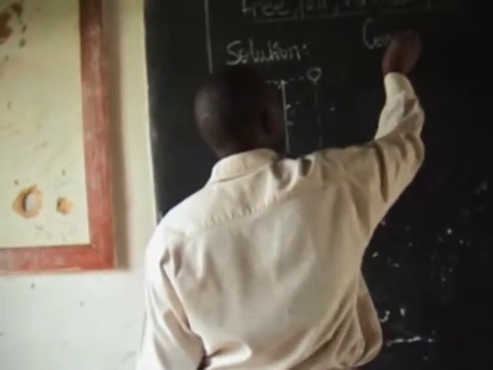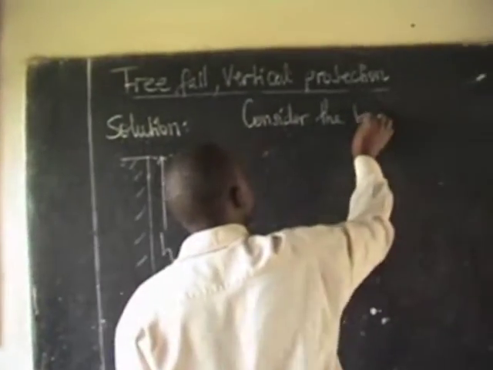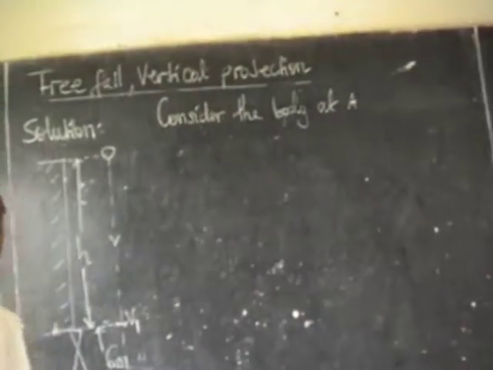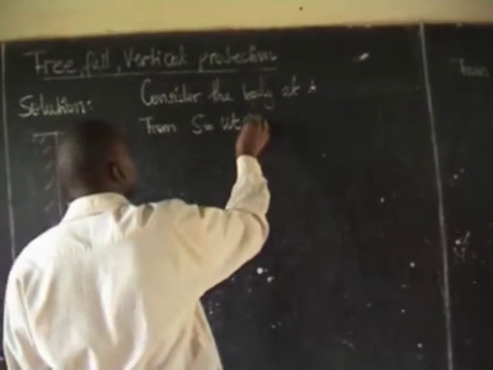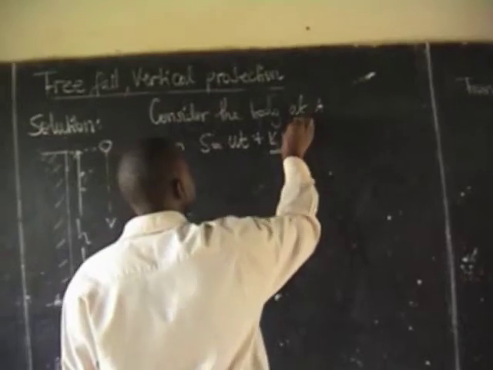So consider the body at A. The equation which I'm going to use is s equals ut plus a half gt squared.